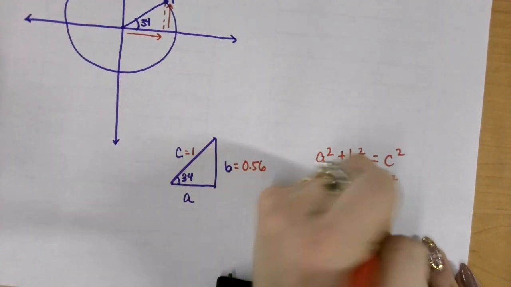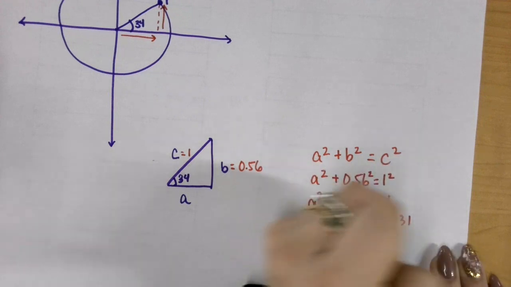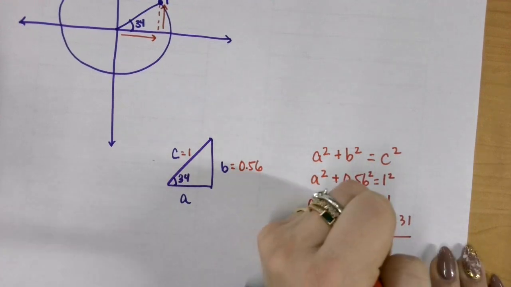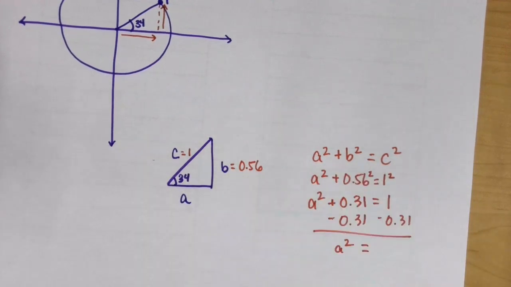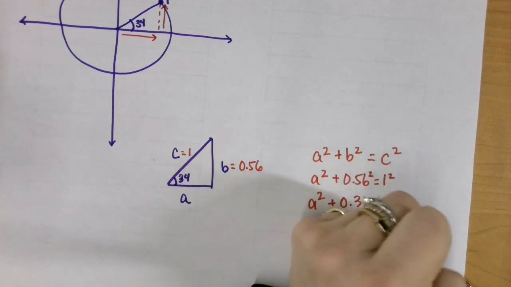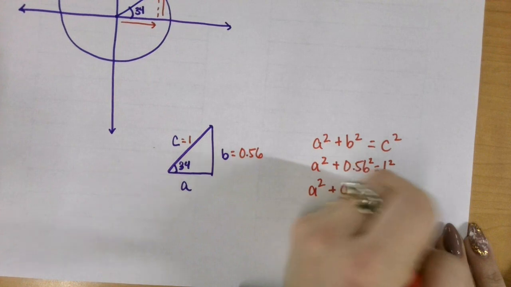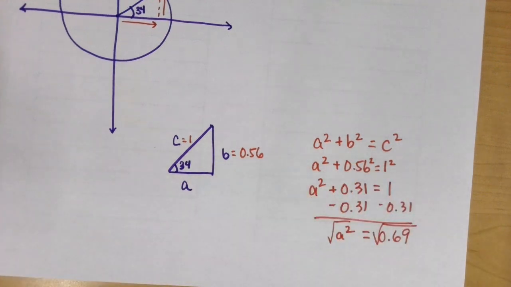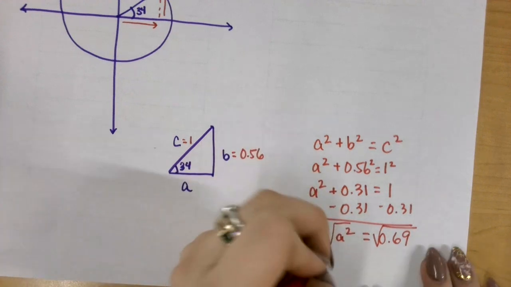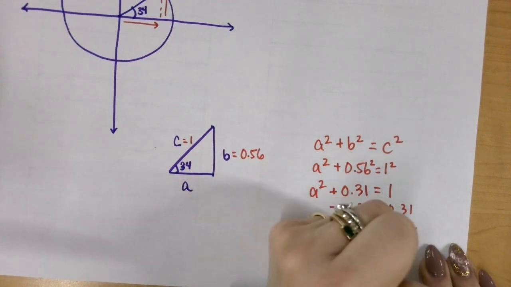I can subtract, and I get A squared equals 0.69. I can do the square root, and I get A equals 0.83.